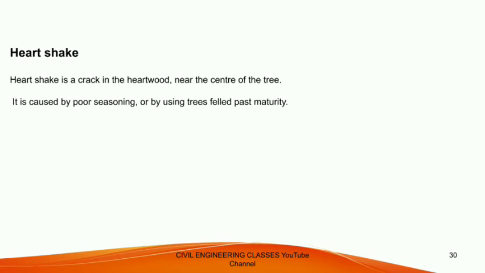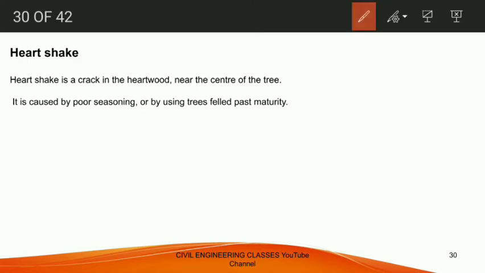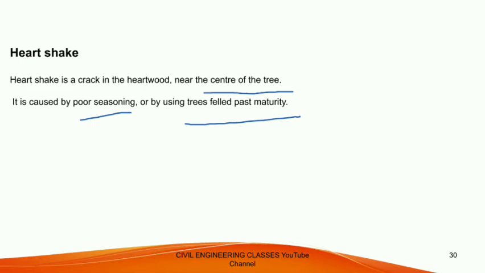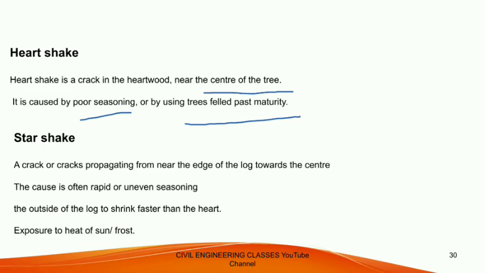First one was heart shake. Heart shake is a crack in the wood near the center of the tree. It is mainly due to poor seasoning or even felling of the tree before it acquires certain maturity. That is known as the heart shake. Next one is the star shake.